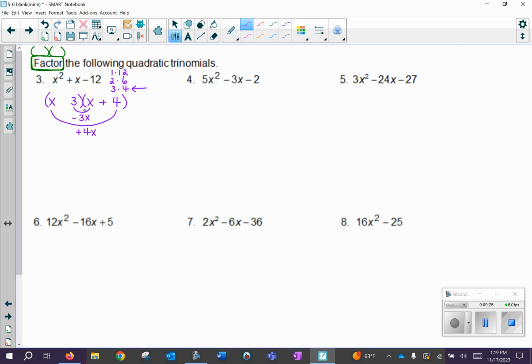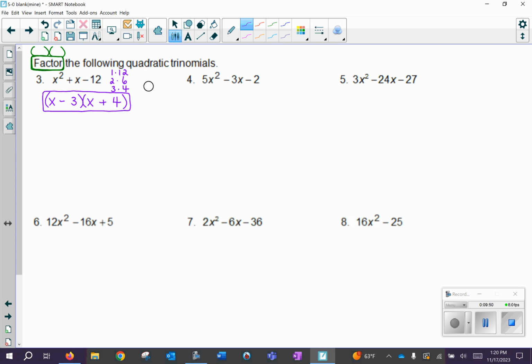To be minus 3x, I'm going to put minus. The only thing left for me to now check is the following. Did I mess up what happens with the last ones? Okay, so -3 times 4 is -12. Check. It works. I am finished.